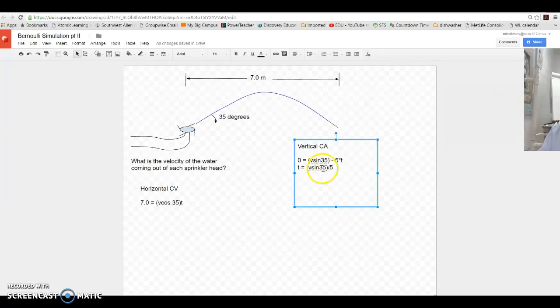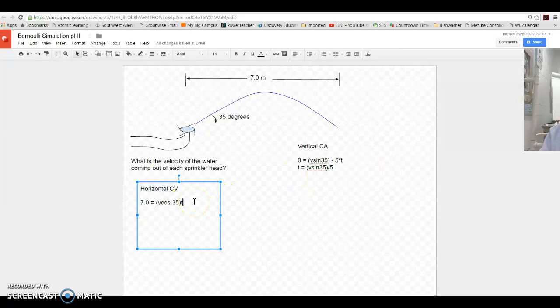So I can plug this equation in over here into this equation, and this is what I get then. So realize now I have exactly one unknown, and that's the v.